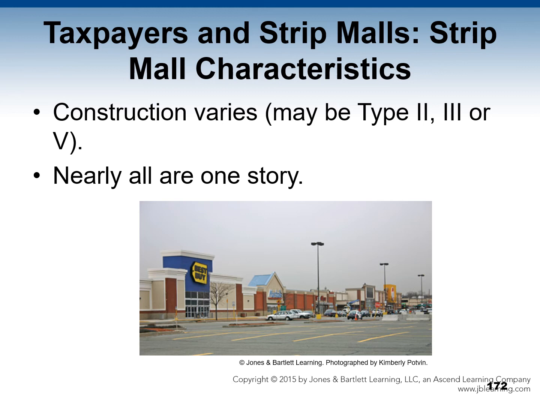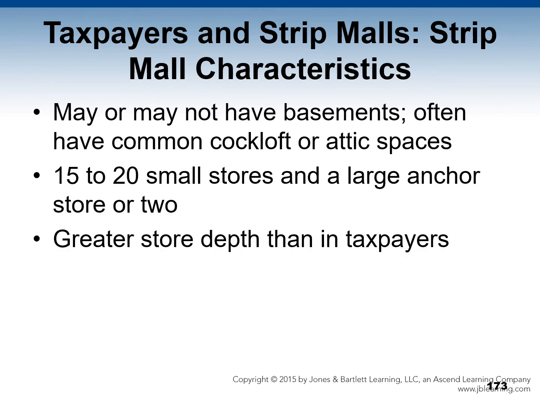Older ordinary construction strip malls may have large bowstring trusses. Some smaller strip malls may be built entirely of wood frame construction. Nearly all strip malls are 1-story, although a 2-story strip mall occasionally may be encountered. We're going to continue with some characteristics of taxpayers and strip malls. Based on region, strip malls may or may not have basements.